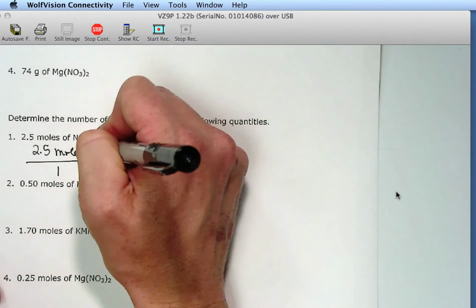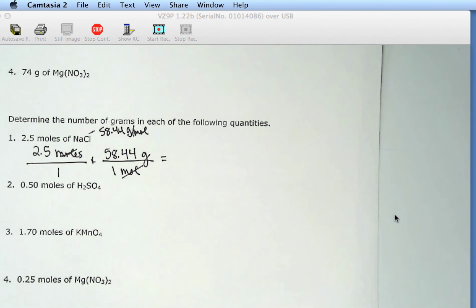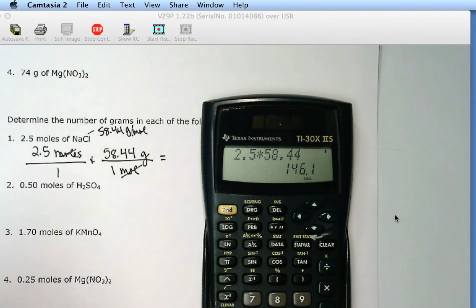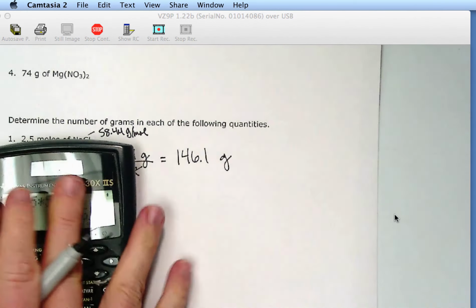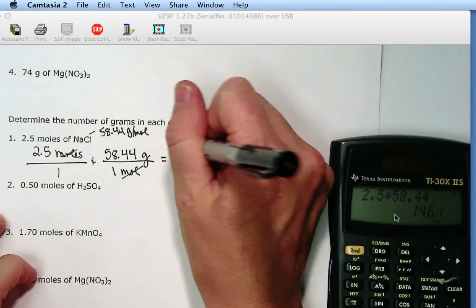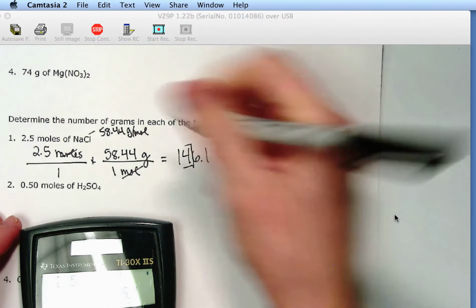Multiply. So 2.5 times 58.44 is 146.1 grams. How many sig figs do I use? 2. Excellent. So 2 sig figs, 150 grams, and I didn't put my NaCl.